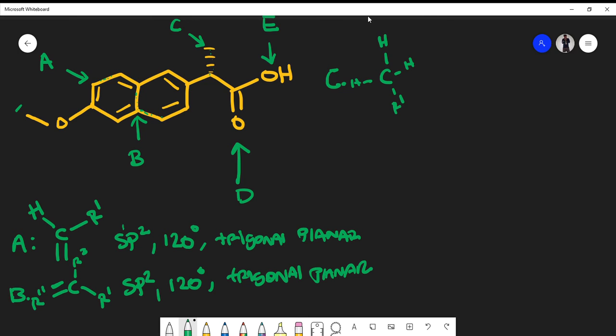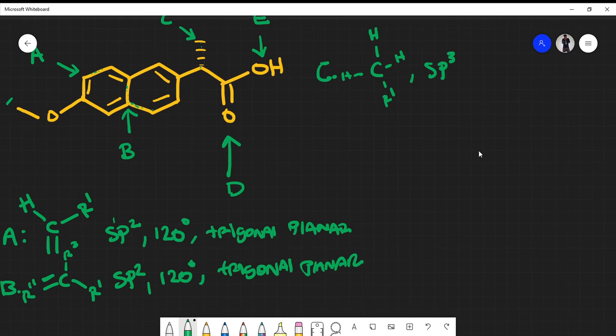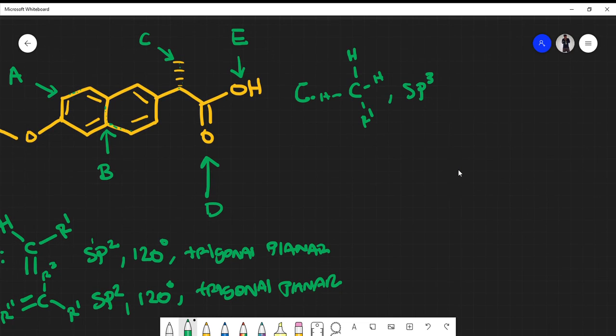So that means that we have 4 single bonds around the carbon. This is typically your sp3. Again, s to the first power and p to the third power, so 3 plus 1 is 4. And in fact, we do see 4 bonds around the carbon of interest.